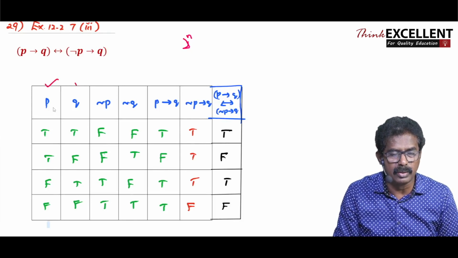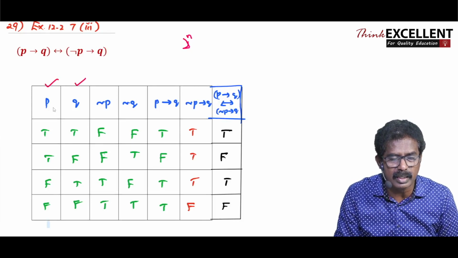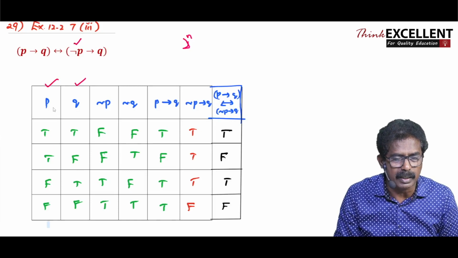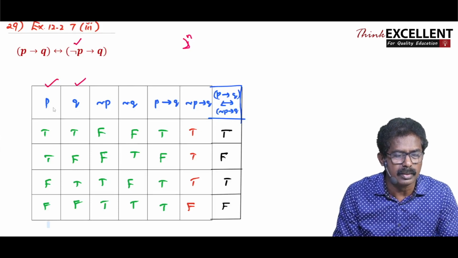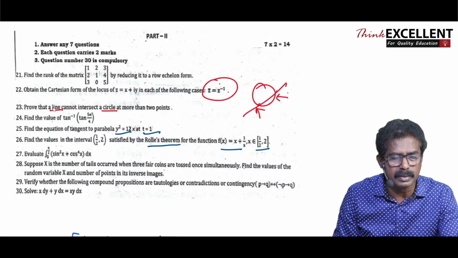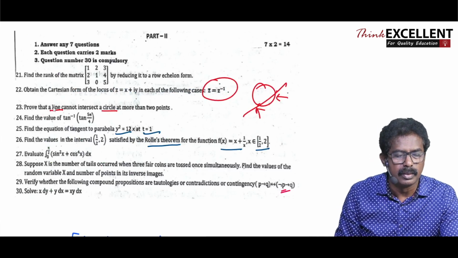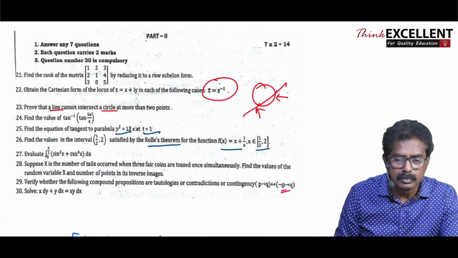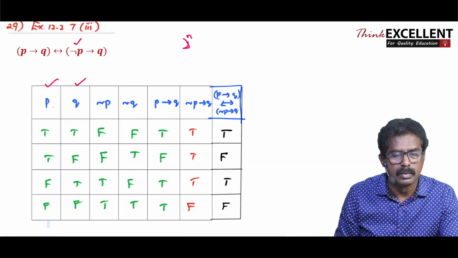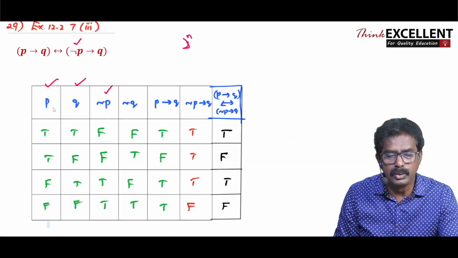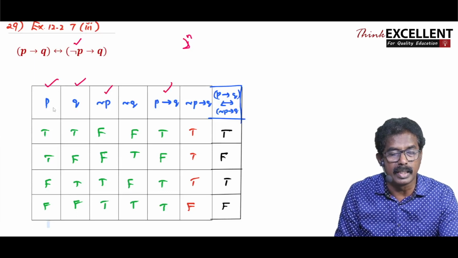First P, then Q. Then we need negation P, right? Question number 29, please check. Yes, negation P. Negation Q we are not using here, so we don't want that. P implies Q, yes, this one.